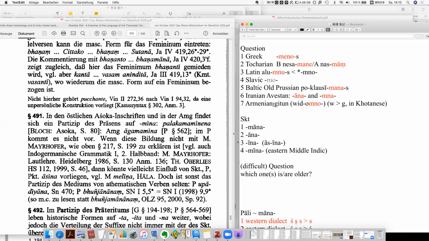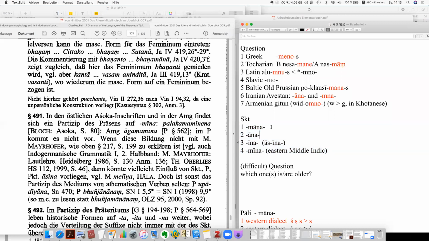So this is very productive and widely attested in Indo-European languages, and then I summarized the forms in Sanskrit.